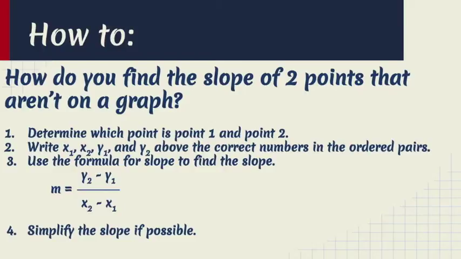We're going to write x sub 1, x sub 2, y sub 1, and y sub 2 above the correct numbers in each of the ordered pairs. Step 3, we're going to use the formula which is listed below to find slope. And the formula is m equals y sub 2 minus y sub 1 over x sub 2 minus x sub 1. And after we find the slope, step 4, we're going to simplify the slope if possible.